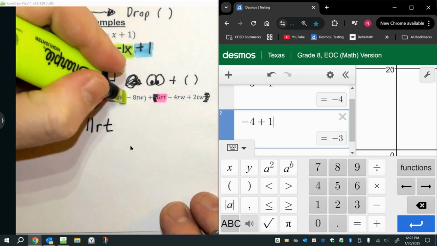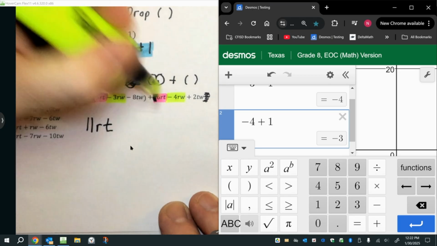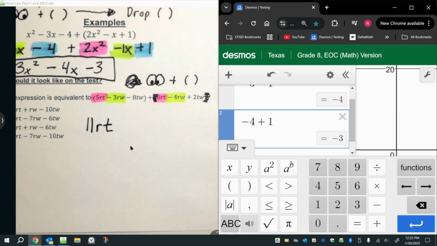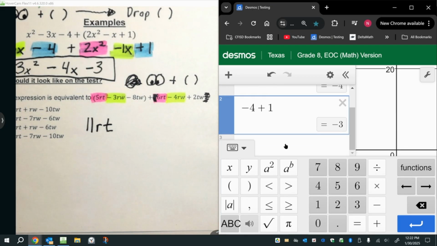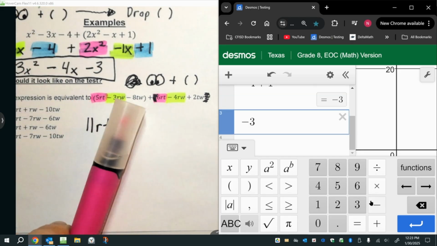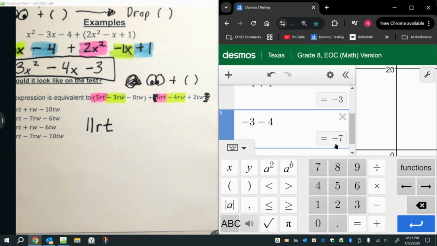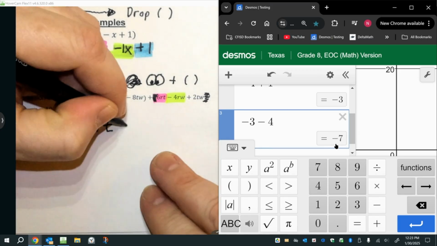I have negative 3rw and a negative 4rw. So I'm going to take negative 3 and a negative 4, and that gives me negative 7. So now I have negative 7rw.